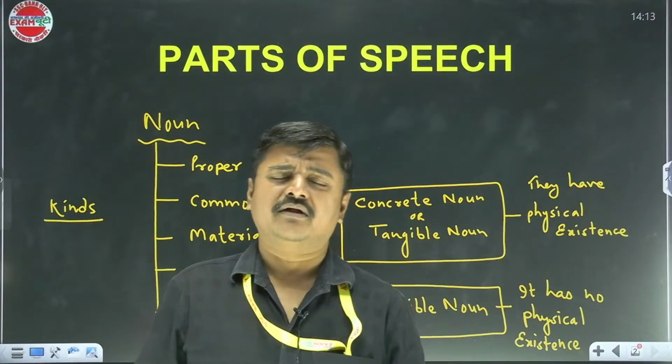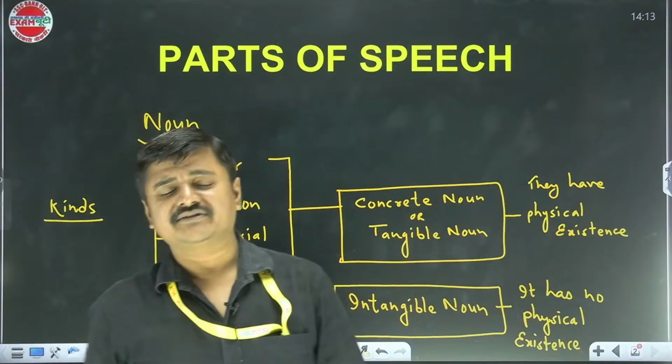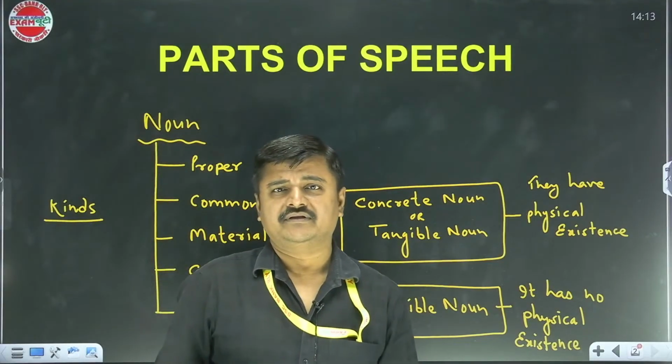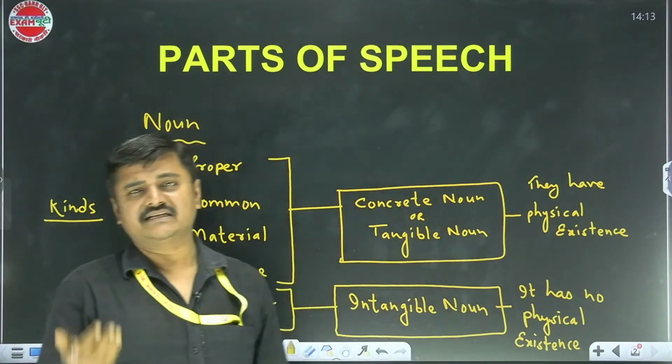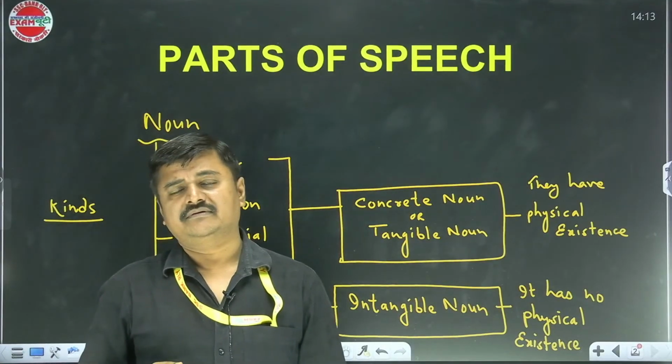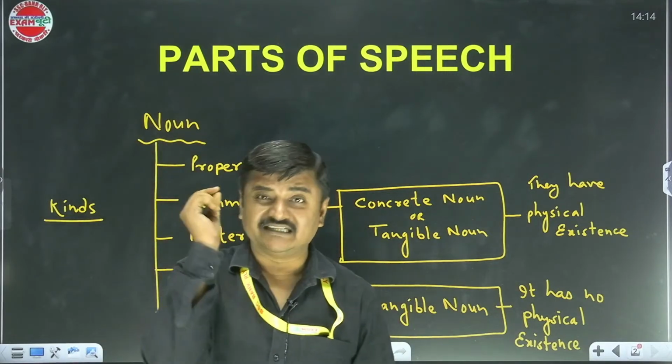Everything is a common noun. Take this example and you will find that it has length. The pen in your hand has weight. It has a size and shape. It means all common nouns physically exist. Yes.